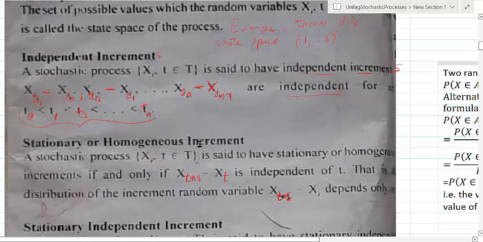Stationary or homogeneous increments. A stochastic process X_t is said to have stationary or homogeneous increments if and only if X of t plus s minus X of t is independent of t. And we can draw a picture of this.